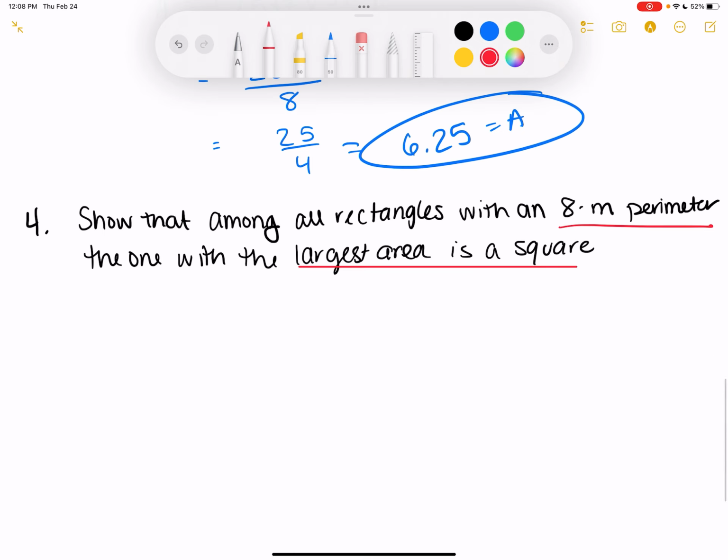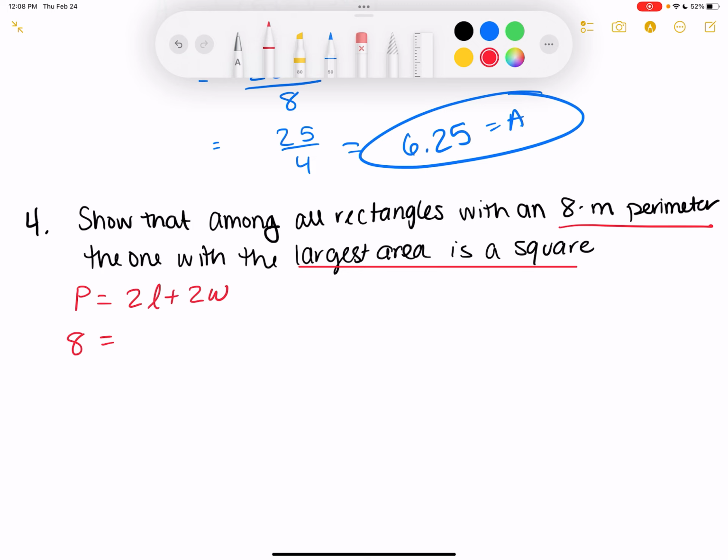So, what is the perimeter of a rectangle? 2L plus 2W. Okay. We're told that the perimeter is 8 meters, so I can take that and make that an 8.